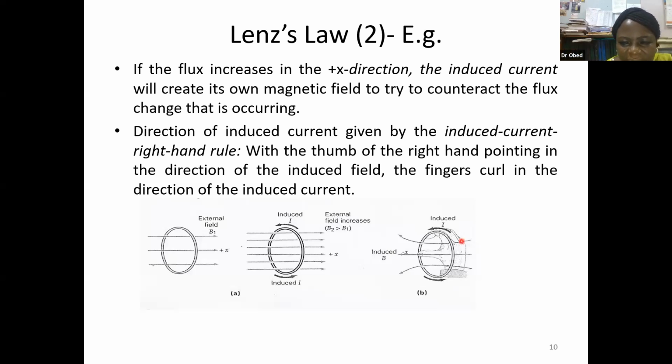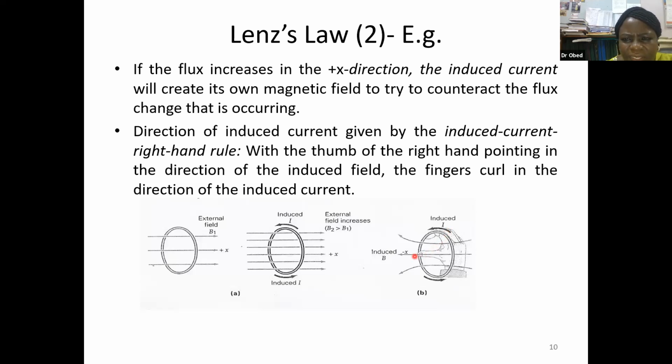And you can see it here. You can see the thumb pointing in the direction of the induced field, and you can see that the induced field is in the opposite direction. So the magnetic field due to the induced current will be in the negative direction.